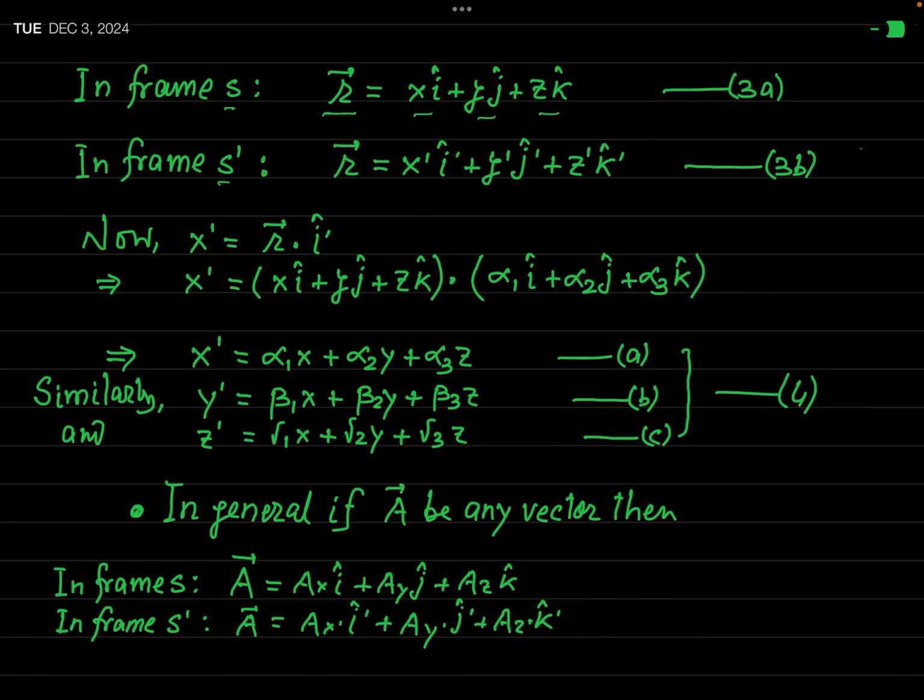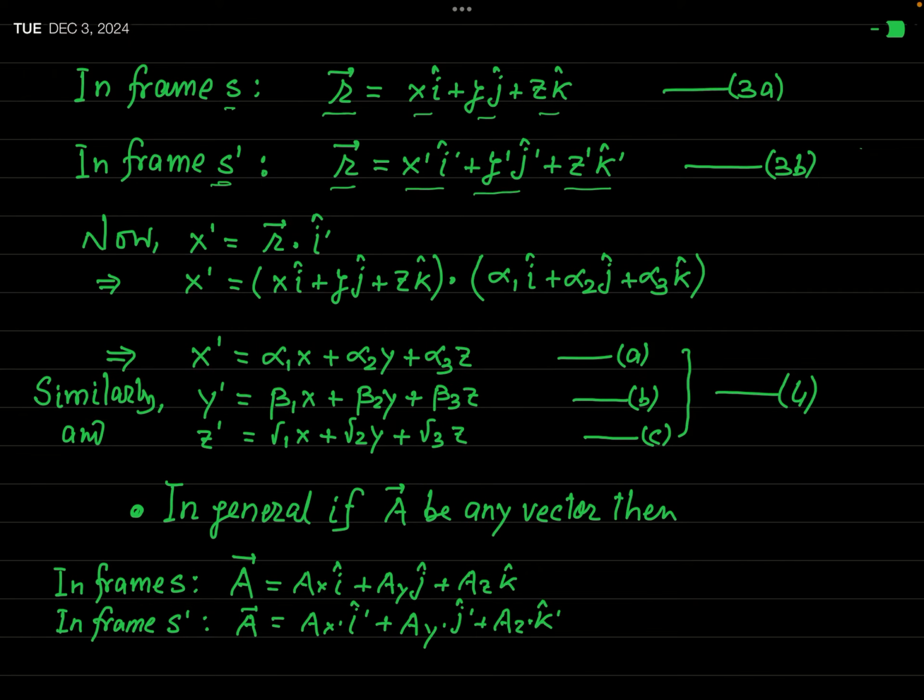Okay, it is okay. And if the same vector R is expressed in terms of its components but in frame S prime, then what will that be? Then R will be equal to x prime i prime plus y prime j prime plus z prime k prime. Okay, it is clear.